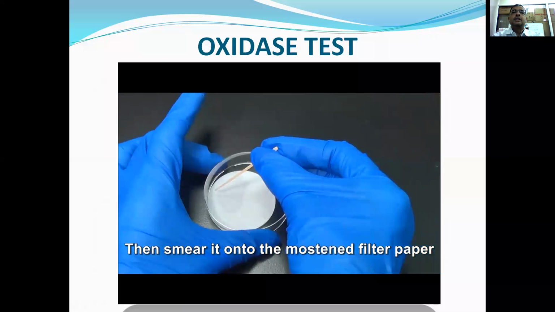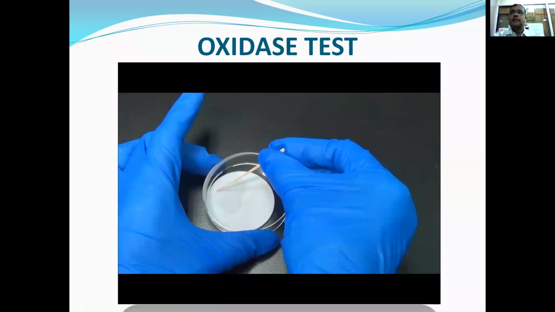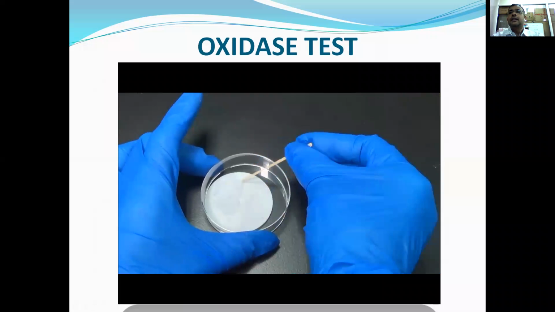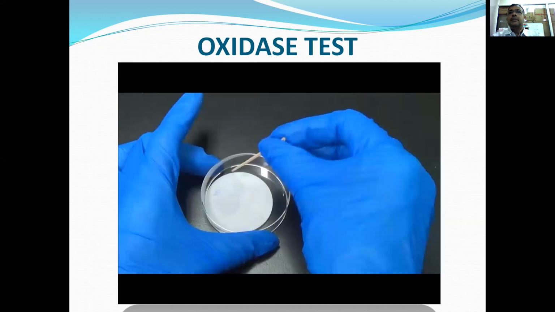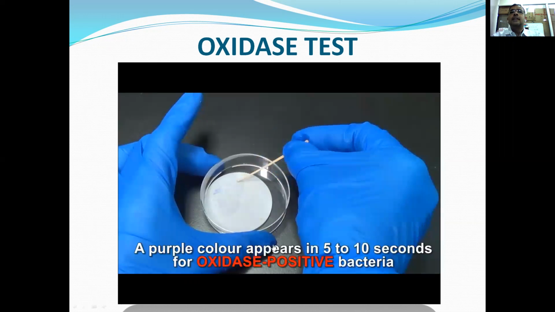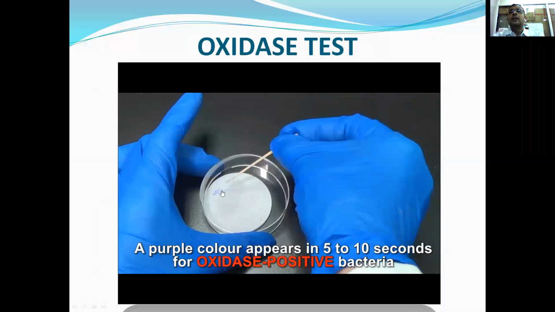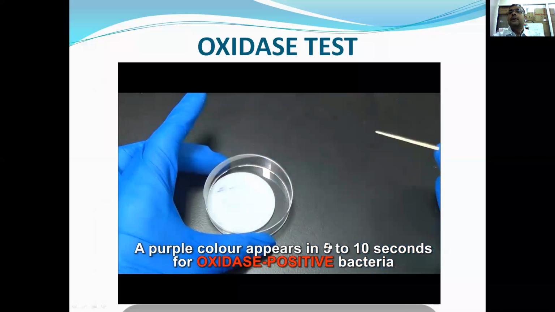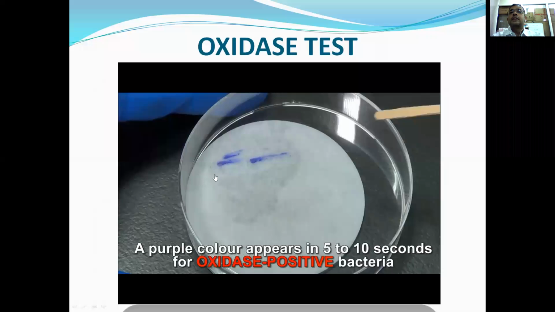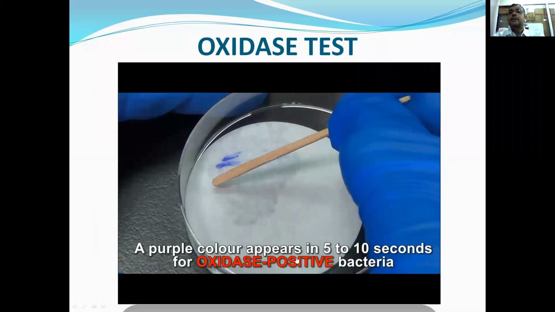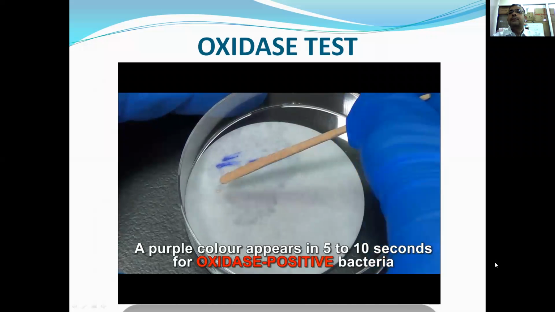Okay. Now this filter paper contains the substrate. Now we are adding the bacteria. If that bacteria contains the oxidase enzyme, it will give a purple color. So purple color within 5 to 10 seconds means oxidase positive.